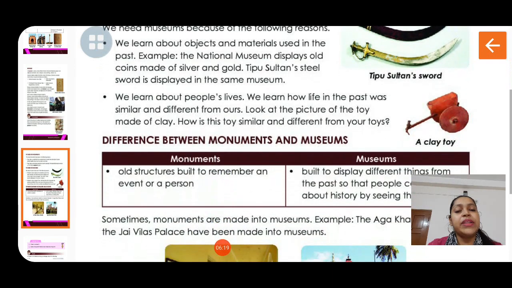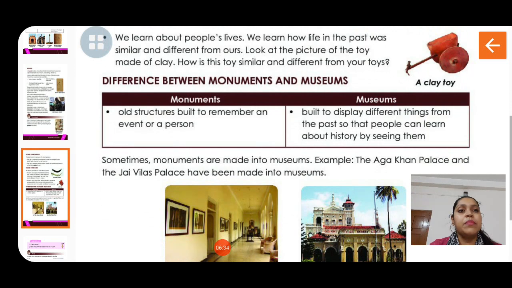Then we come to topic difference between monuments and museums. Monuments are old structures built to remember an event or a person, and museums are built to display different things from the past so that people can learn about history by seeing them.